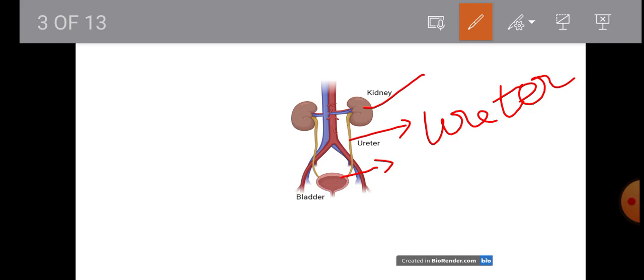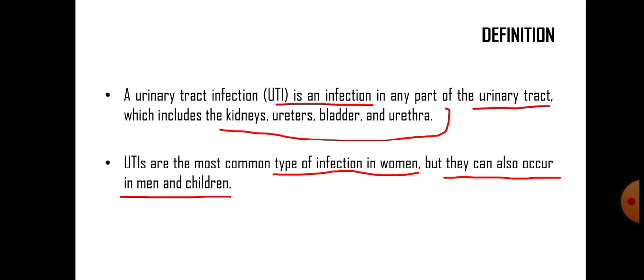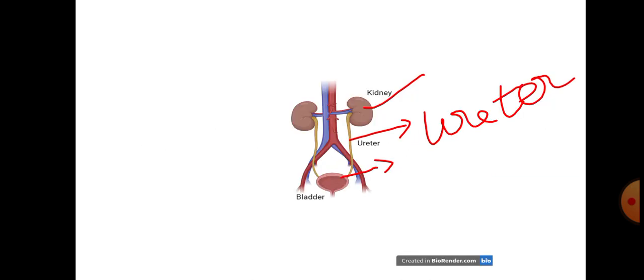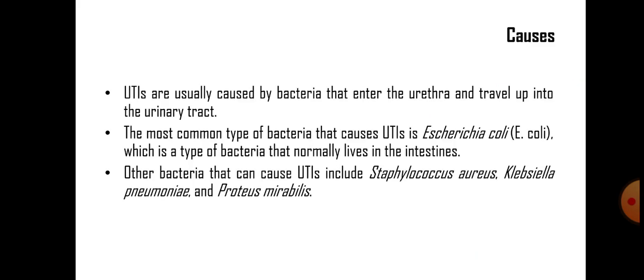From there, urine is expelled through the urethra. So, as per the previous slide, infection in any of this area, maybe kidney, ureter, bladder, or even urethra, is said to be urinary tract infection.